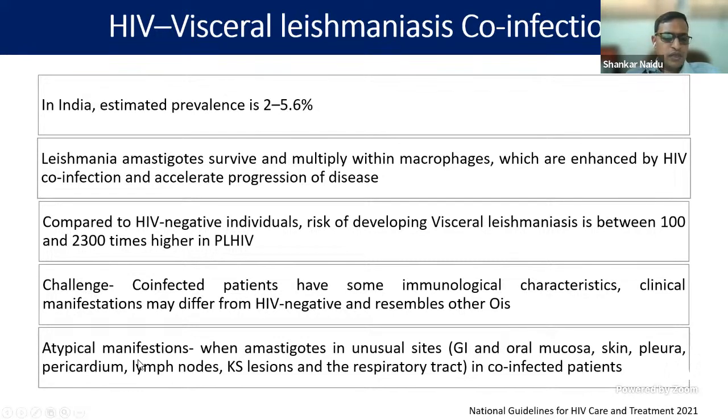The atypical manifestations can be because of seeding of amastigotes into unusual sites, which are not the common sites for dissemination of the parasite. These include the GI tract and oral mucosa, skin, pleural cavity, pericardium, lymph nodes, and the respiratory tract. If these unusual sites are infected, they can have manifestations not commonly seen in non-HIV patients infected with leishmania.